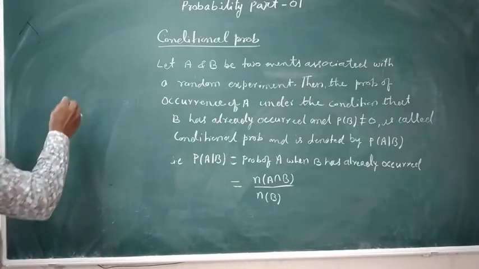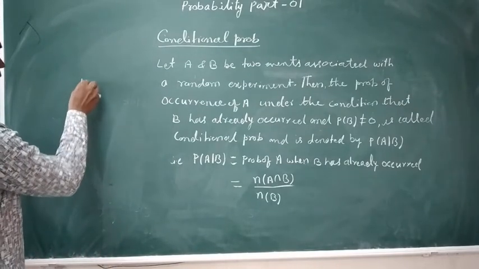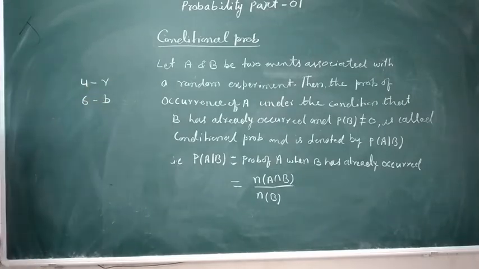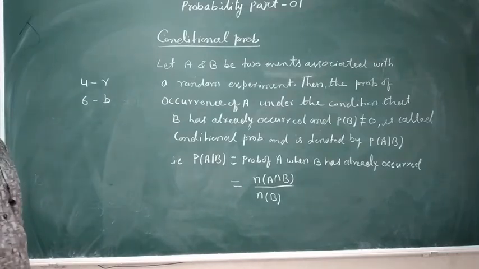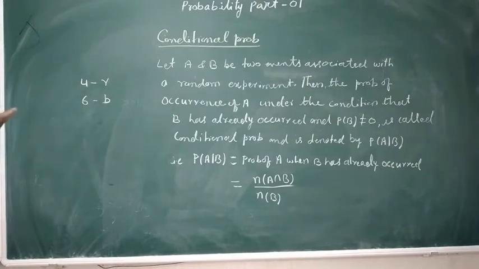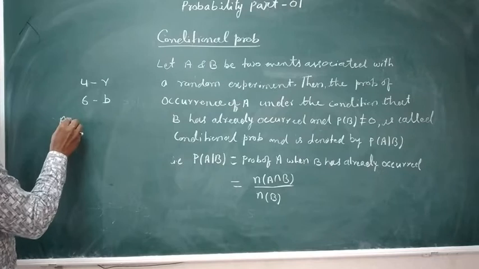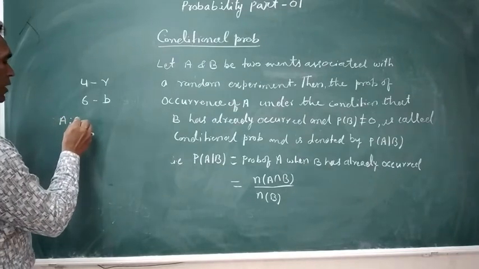Suppose one bag has 4 red balls and 6 black balls. Now 2 balls are drawn successively without replacement, and it is known that the first drawn ball is red. What is the probability that the second drawn ball will be red? So here we define event A: first drawn ball is red.